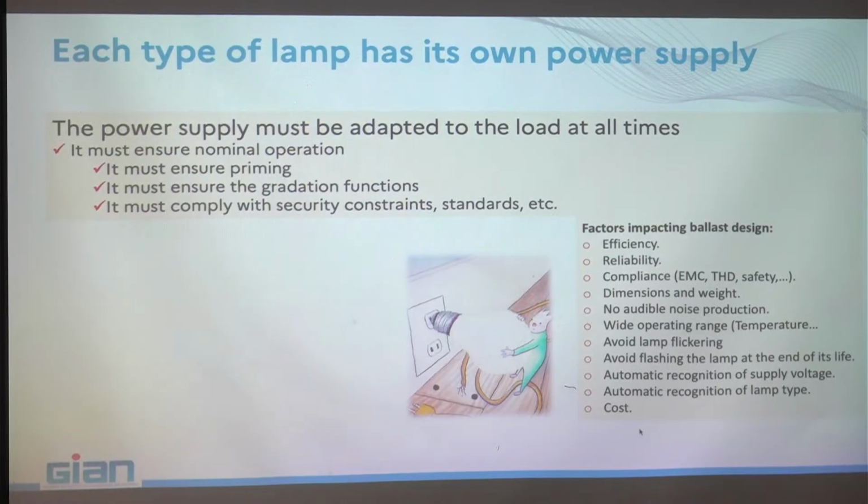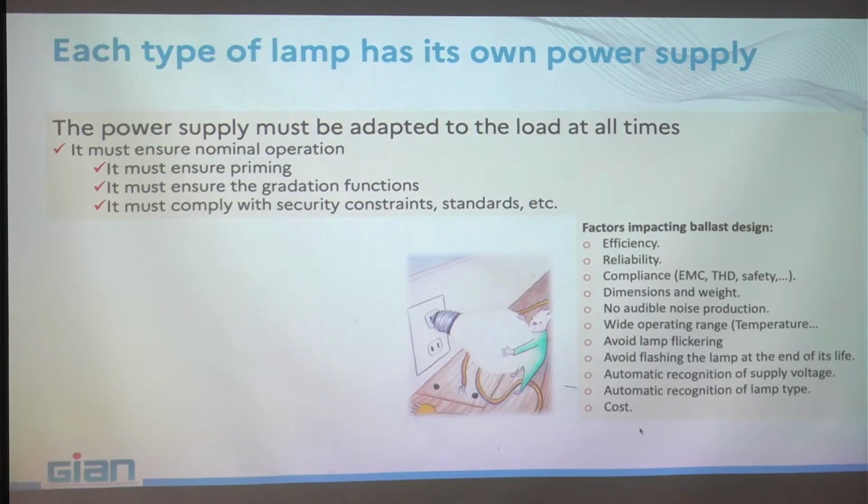Today, all LED lamps have to comply with a standard that says no more than 5% of total harmonic distortion, and this is regardless of the power. Before the revision of the standard, for LED lamps with less than 5 watt, that was not an obligation.